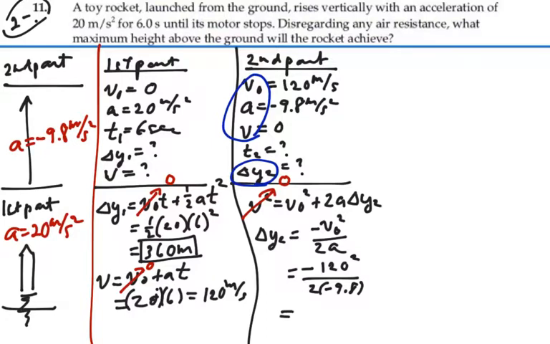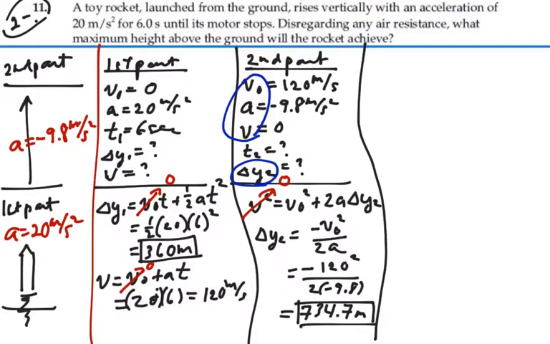And what is that? 734.7 meters. So in the first leg of this journey, we went 360 meters. In the second part, we went 734.7 meters.